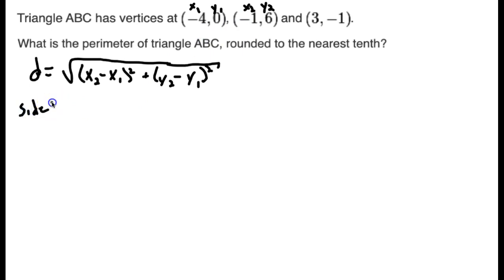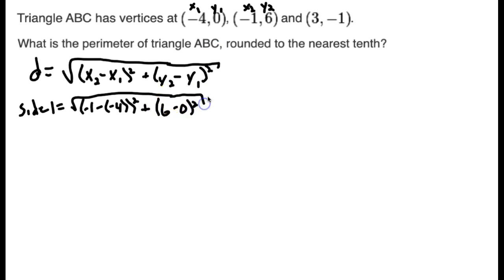So side 1 is going to be the square root of x2 minus x1, so negative 1 minus negative 4 squared, plus y2 minus y1, so 6 minus 0 squared.